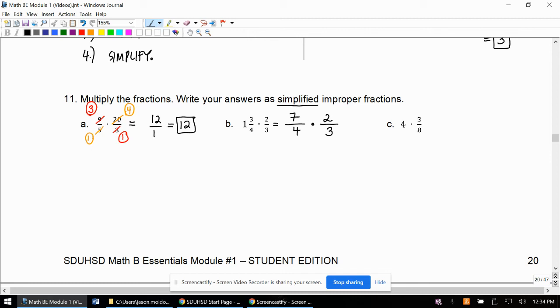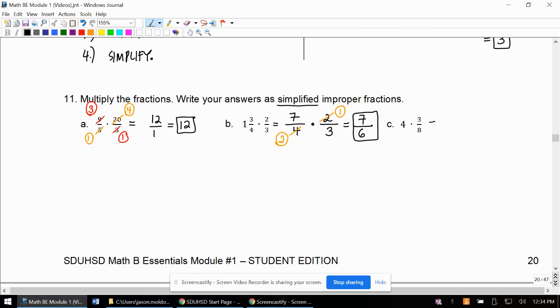At least not with remainders and leftovers. And 2 and 4, those work. 2 goes into 2 once and into 4 twice. And we'll multiply across. 7 times 1 is 7. 2 times 3 is 6. And it says improper, so we'll leave it.